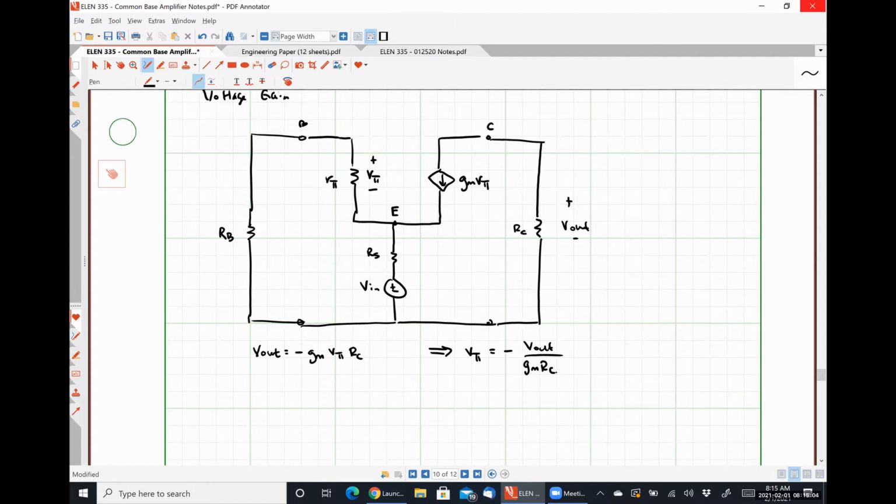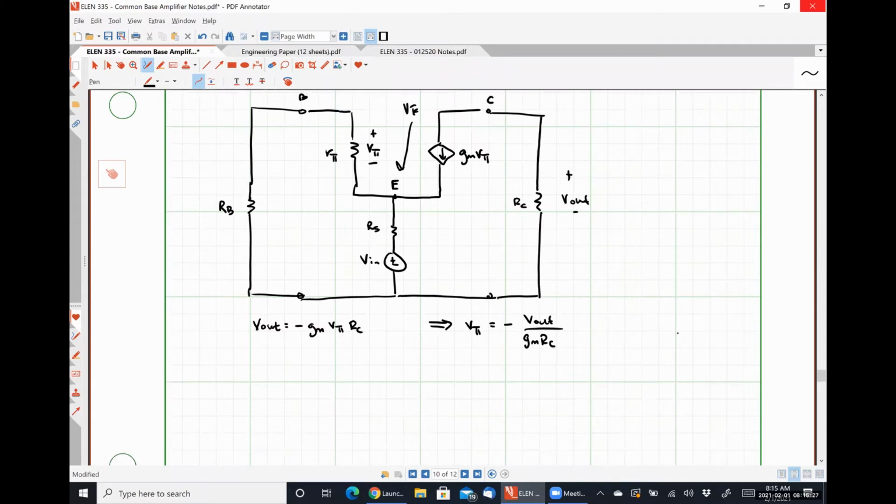What I'm going to do now is find the voltage present at my emitter terminal with respect to ground, using Kirchhoff's voltage law around this loop, where I'm going to define this as VE.